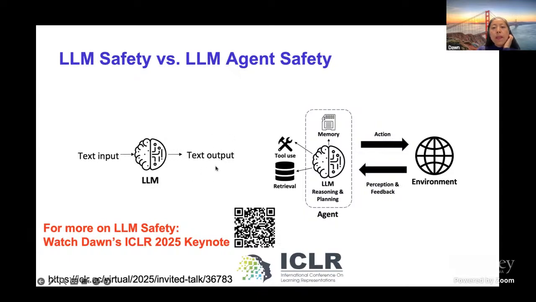But in agents, the agent is going to take actions, and actions are going to have consequences on the external environment. And hence, agent safety and security is much more complex, and also the consequence can be much more severe.